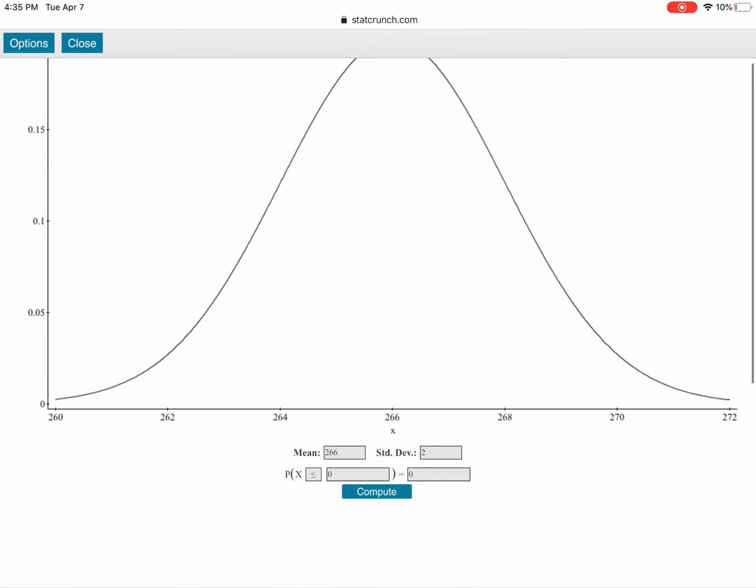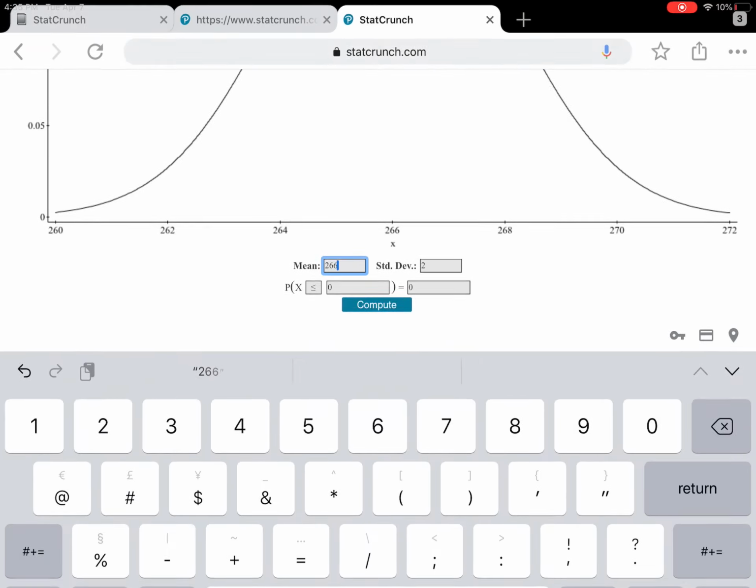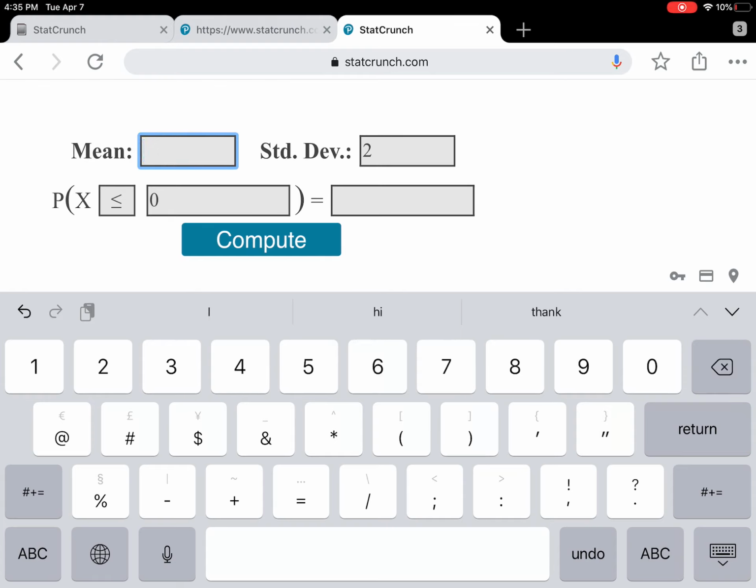All right, and then I want X is greater than 1077. Let's go to StatCrunch to use the normal calculator. Okay, now I don't want in between. I want the standard one where I get to just pick one inequality.